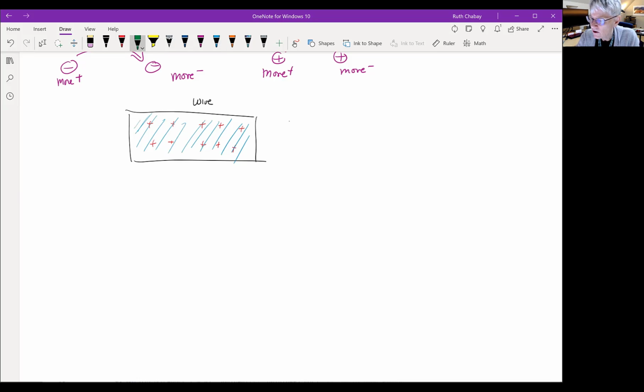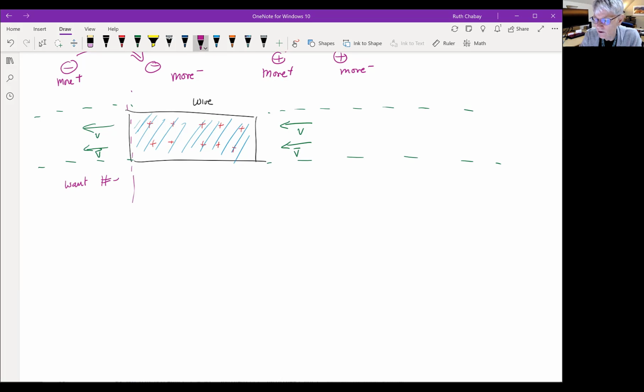And if electrons are flowing in this way from the rest of the wire, and they're flowing out that way, we want to get the number of electrons per second crossing this line, entering this section of wire.